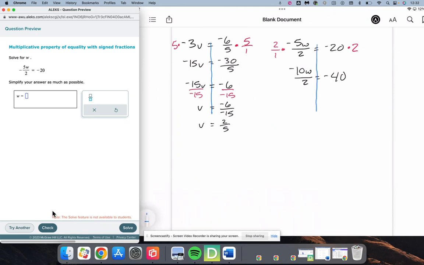Recognize that on the left, that will divide out evenly now. So we have negative 5w is equal to negative 40. We're multiplying by negative 5. We need to divide by negative 5. Leaving us with w is equal to negative divided by a negative makes positive 8.